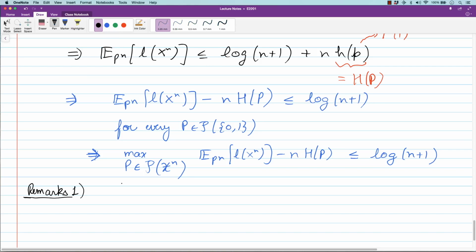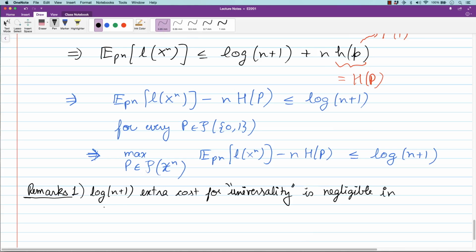Okay, so the first remark is what I've already said. This log n plus 1 extra cost for universality, because you don't really need to know the distribution p, it's universal for all p, is negligible in comparison with the optimal average length nH(p), because that grows linearly with n.